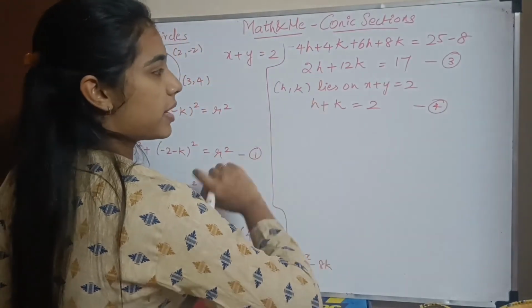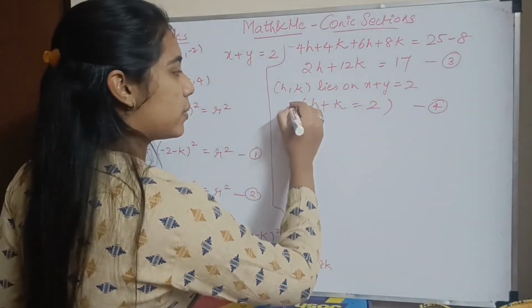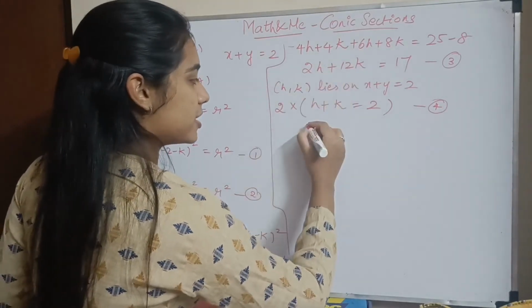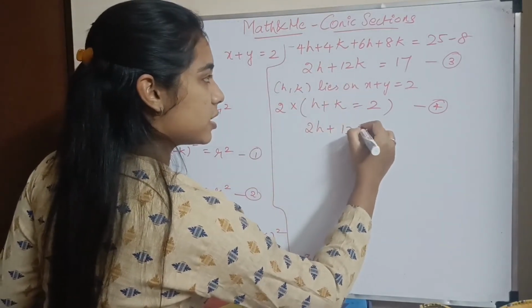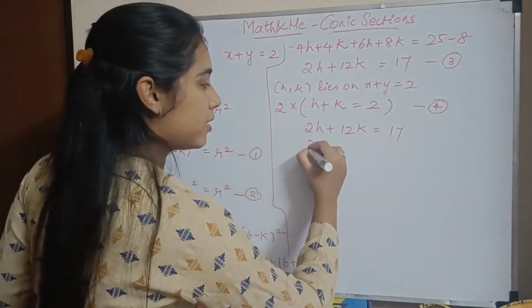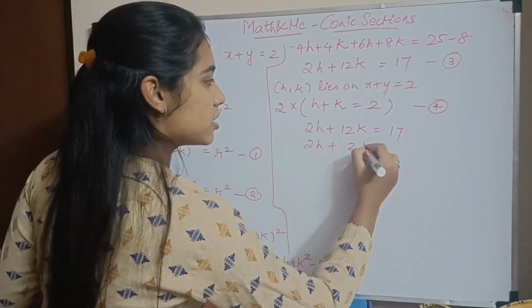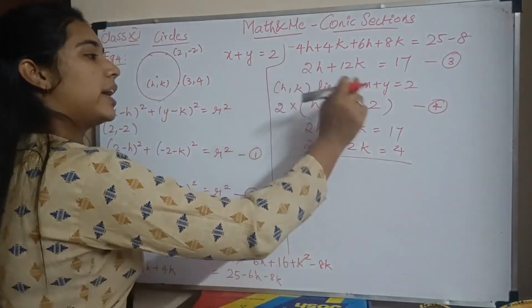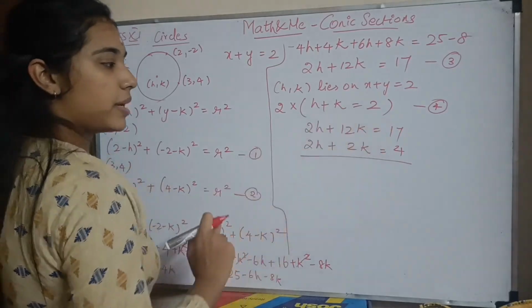To subtract, I need to multiply this whole equation by 2 to find h and k. So first equation: 2h plus 12k equals 17. Second equation, when I multiply it by 2, I have 2h plus 2k equals 4. You need to multiply 2 to the entire equation, so don't forget to multiply it on both sides.